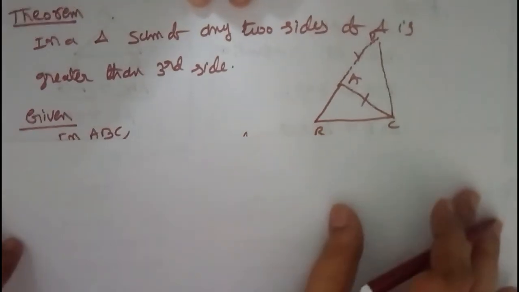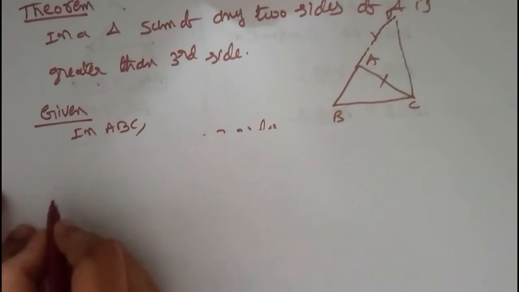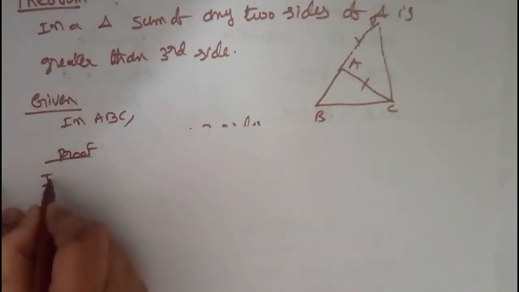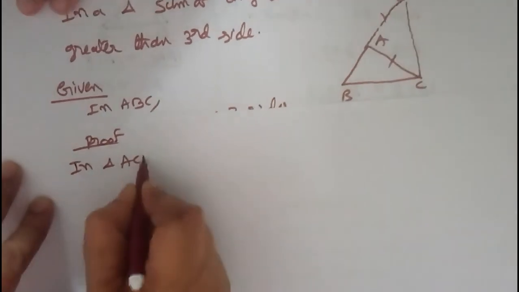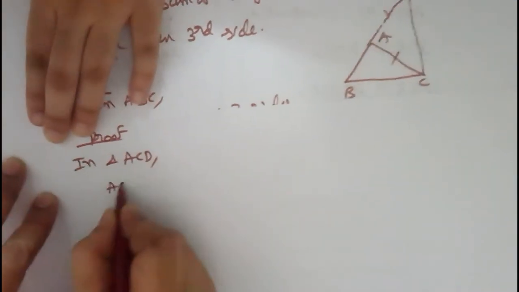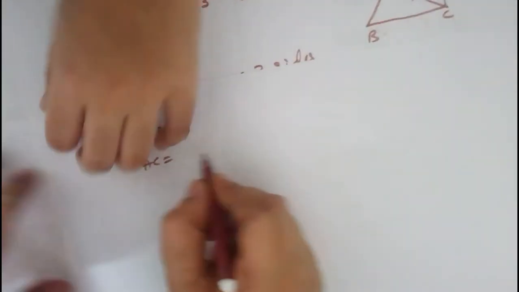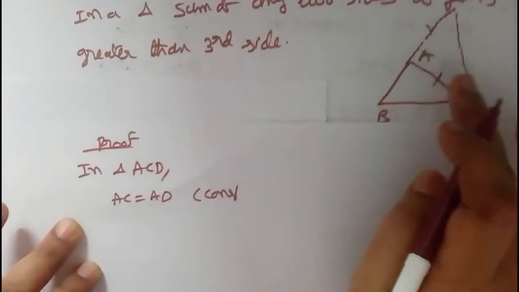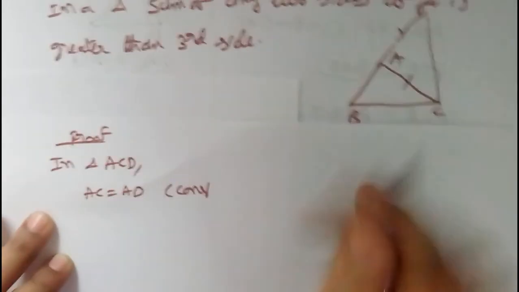Now in triangle ACD, proof. In triangle ACD, AC is equal to AD, from construction.